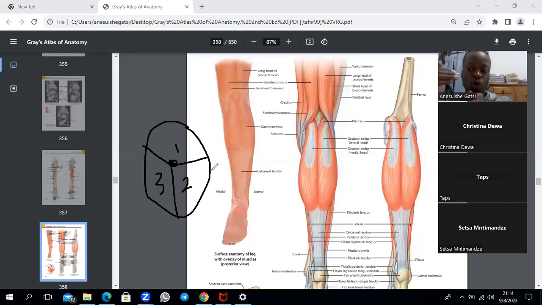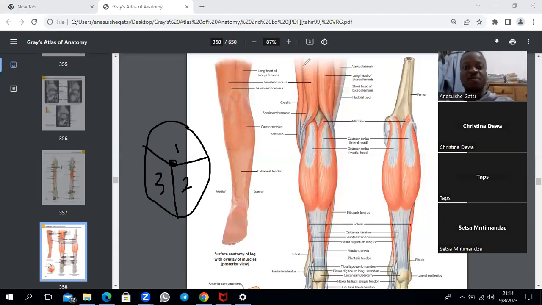A superficial compartment and a deep compartment, right? But for the purposes of learning for this session, let's use three. I will further subdivide the posterior into two later, but don't worry about that for now.